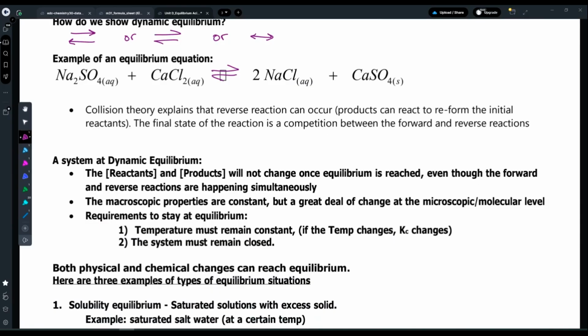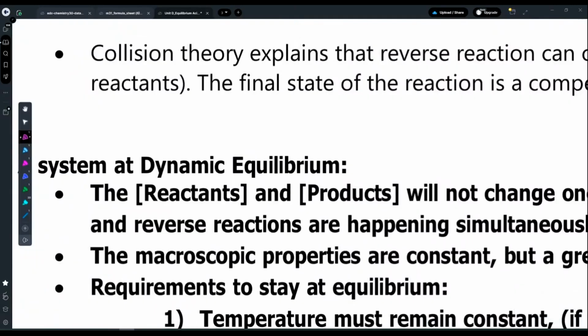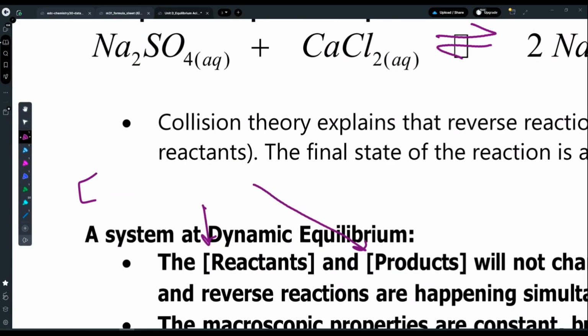So some important parts to know about dynamic equilibrium. In a system at dynamic equilibrium, your concentration of reactants and products, so just know that these square brackets mean concentration of whatever's inside those brackets.